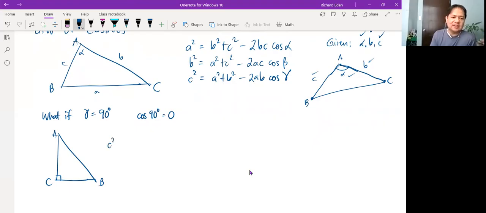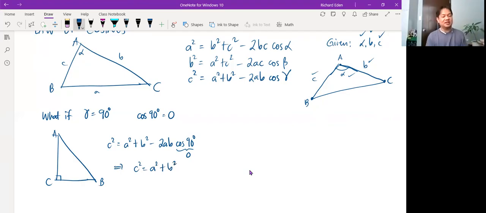So we're going to get C squared equals A squared plus B squared minus 2AB cosine 90 degrees, which is 0. And we end up with the familiar. All right. So the Pythagorean theorem is therefore a special case.